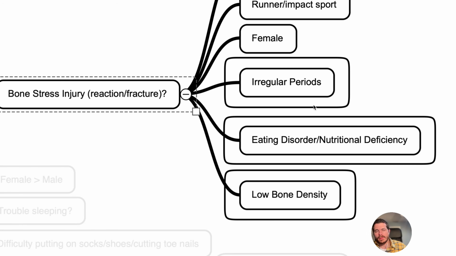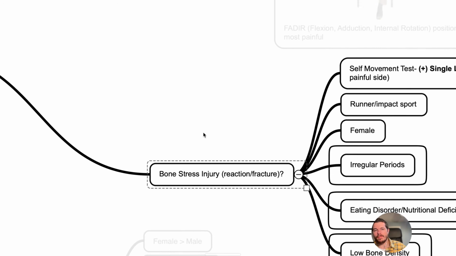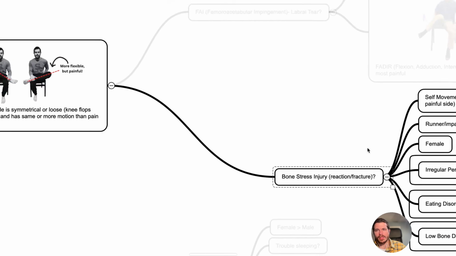Irregular periods, missing periods, periods that come and go at more random times. Or maybe an eating disorder, or maybe the nutritional intake isn't what it should be. These things together, hormonally and nutritionally, may cause low bone density, which would increase the risk of fracture. So somebody who's a little bit younger, somebody who's female, somebody who's a runner, single leg hop, ouch, I still have motion in my hip, but I've got these other things: bone stress injury.